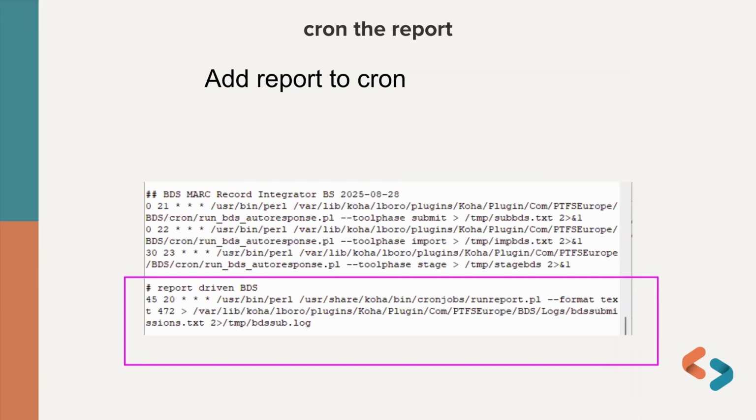And the way I wrote it, just to get it working really, was you have to have a report running, and the report goes into a particular directory, and that's what the plugin looks for. So on here, on their cron, their report number 472 is the one that drives it. So report 472 is the only one they have to worry about when they're wanting to see what to submit.